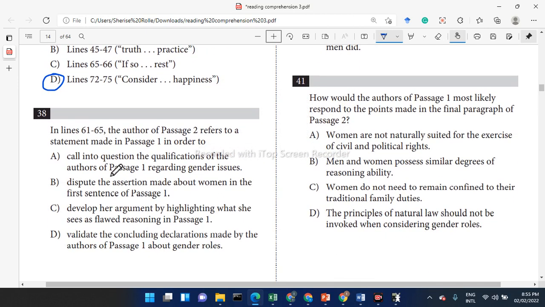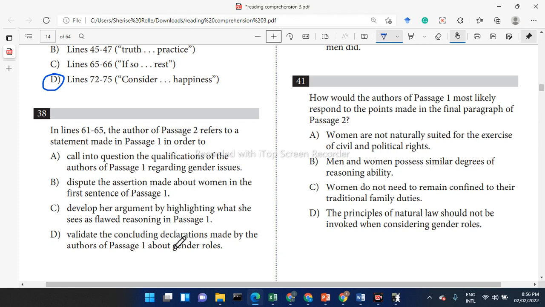All right. Number 38. In line 61 to 65, the author of passage 2 refers to a statement made in passage 1, right? In order to, is it A, call into question the qualifications of the authors of passage 1 regarding gender issues, dispute the assertion made about women in the first sentence of passage 1, develop an argument by highlighting what she sees as flawed reasoning in passage 1, validate the concluding declarations made by the authors of passage 1 about gender roles.